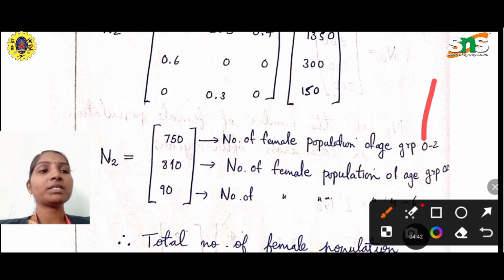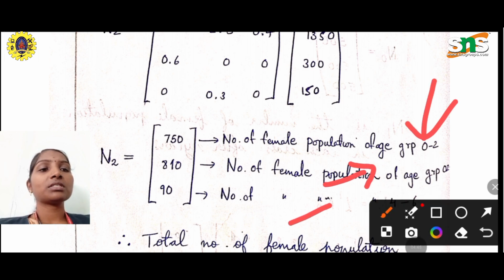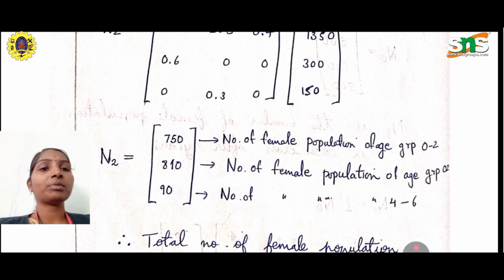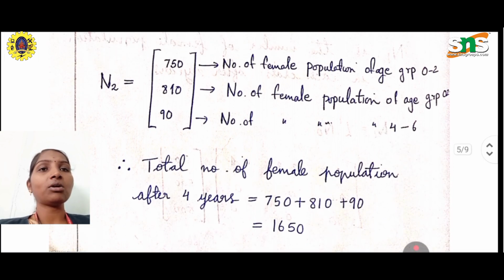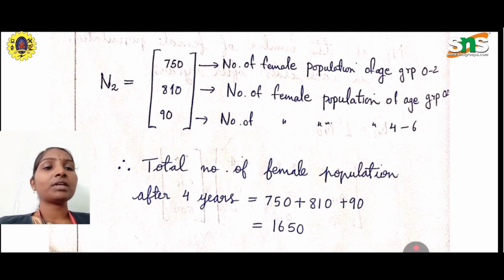Stage 1 is 0 to 2, stage 2 is 2 to 4 and stage 3 is 4 to 6. The total number of females in all the stages is found by adding all the values: 750 plus 810 plus 90, which is 1650. So this is our total number of females after 4 years.